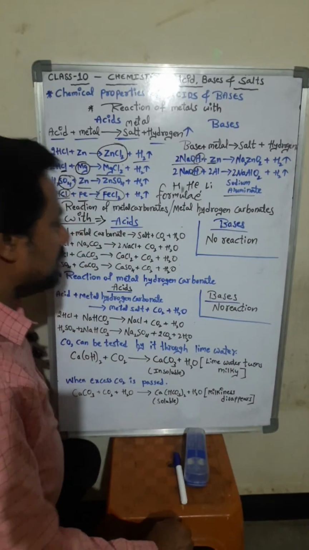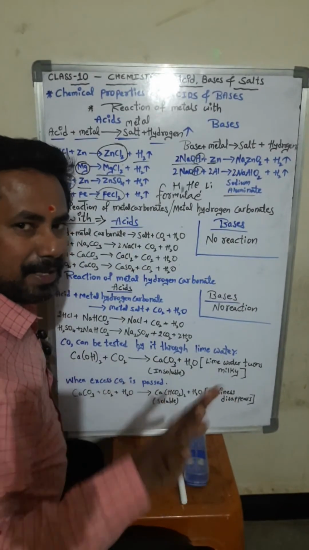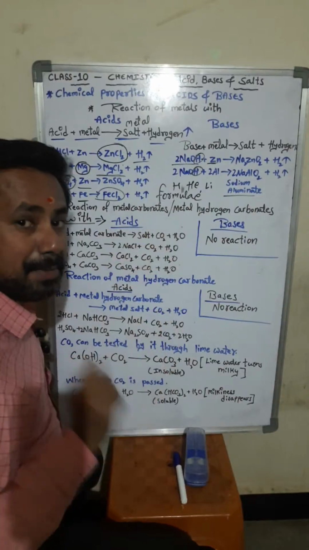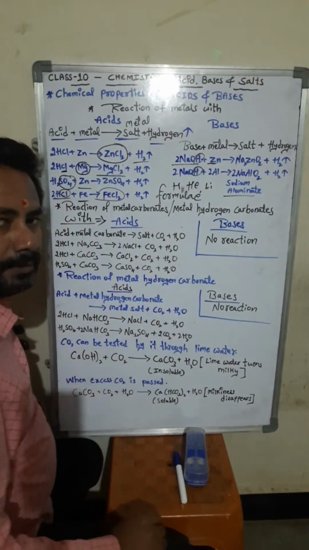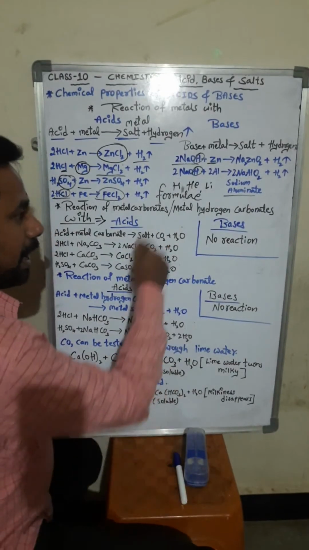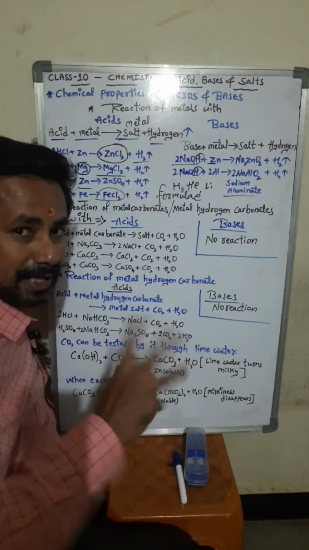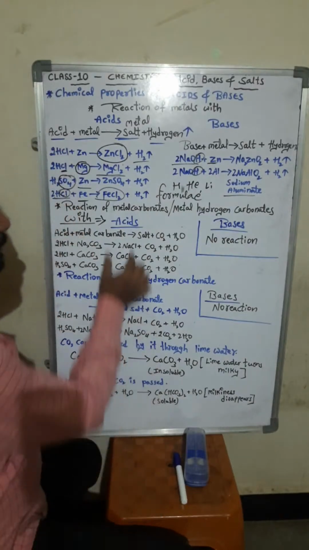Is it clear? See, the topic is chemical properties of acids and bases. So acid is reacting with some chemicals, some metals, metal carbonates and metal hydrogen carbonates. So the chemical property, how the chemical reaction is taking place, that is the main topic you have to keep in your mind.